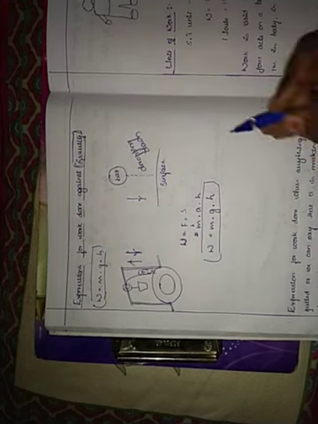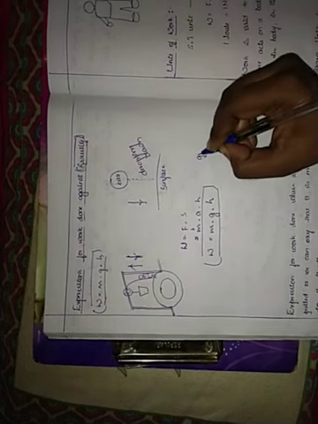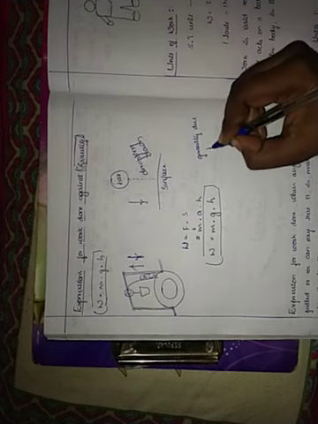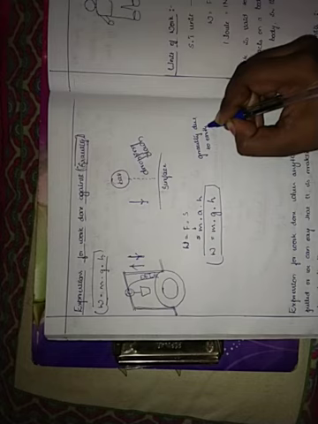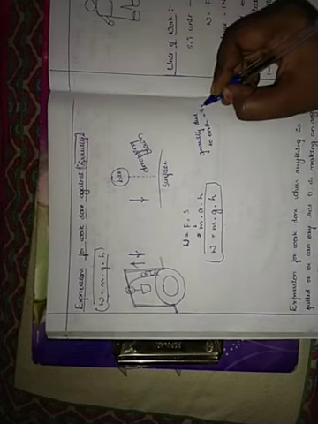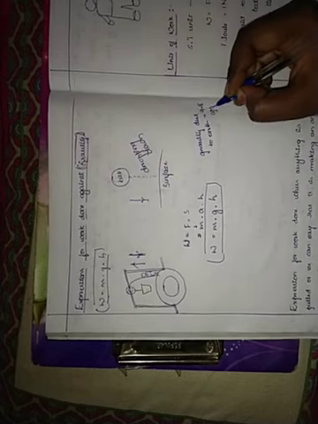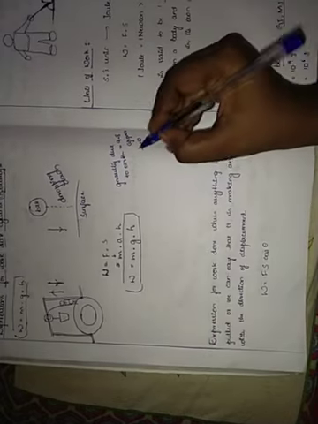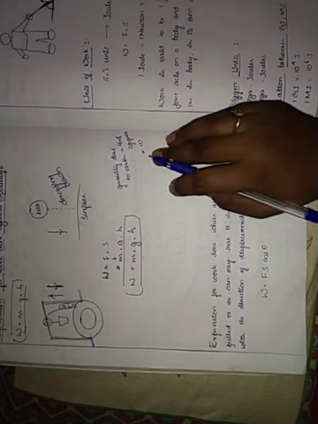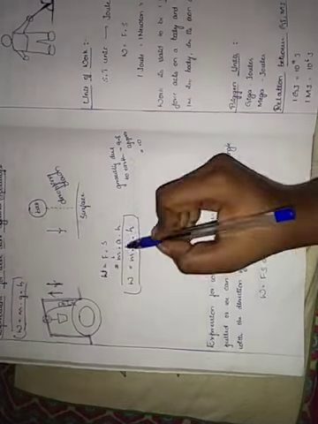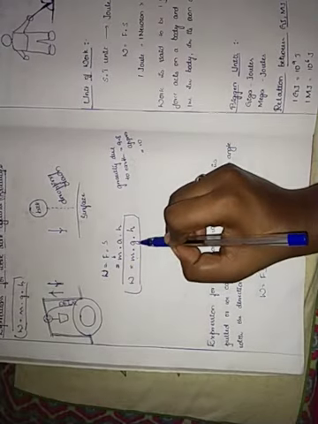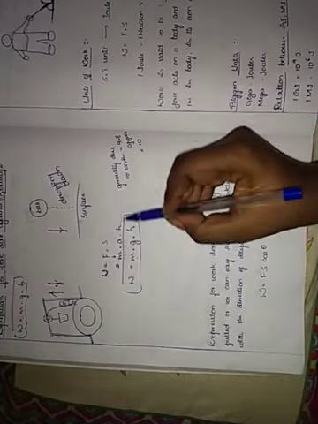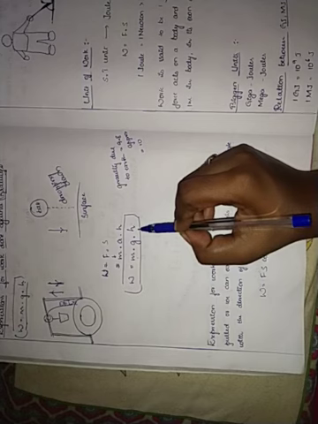G is the gravity due to earth, and the value we know is 9.8. Approximately we'll take it as 10, isn't it? So it is mass into G, gravity due to earth, and the height is h.